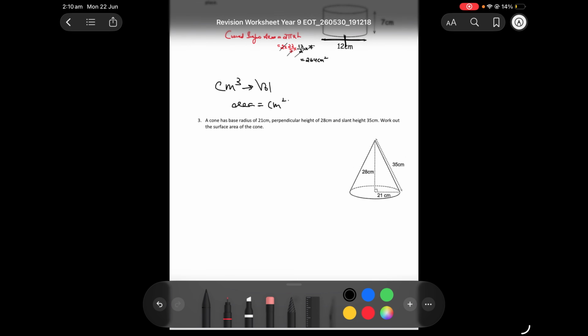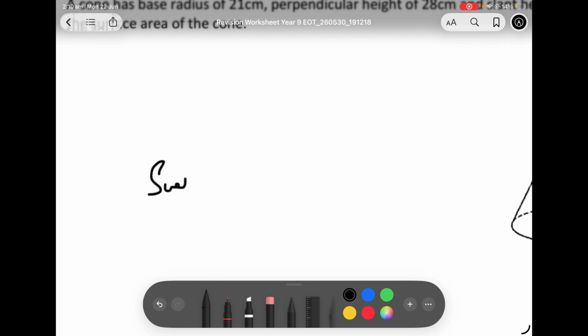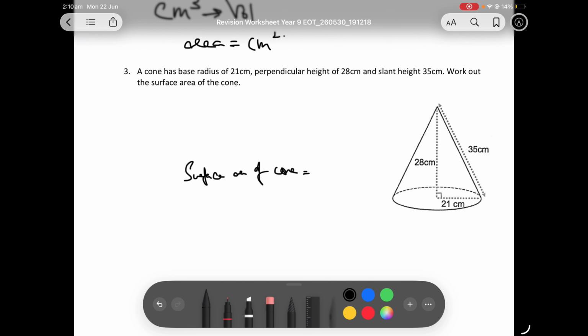Okay, the next question. It says a cone has base radius of 21, perpendicular height of 28 and slant height of 35. Work out the surface area of the cone. Now, surface area of cone, when you have 21 radius, 28 height, and the slant height is this much.